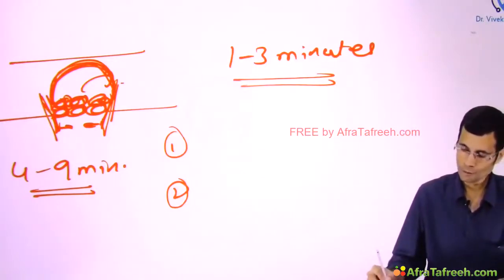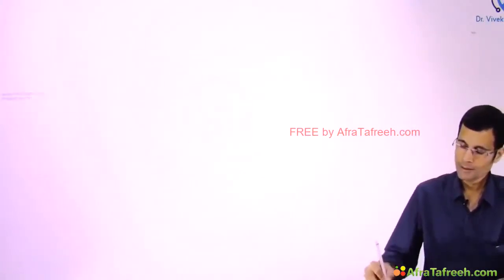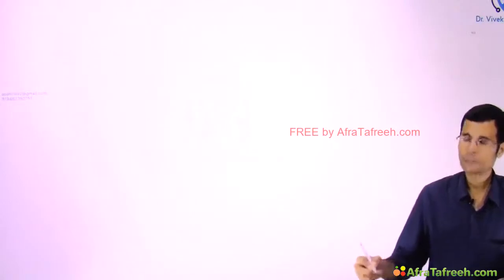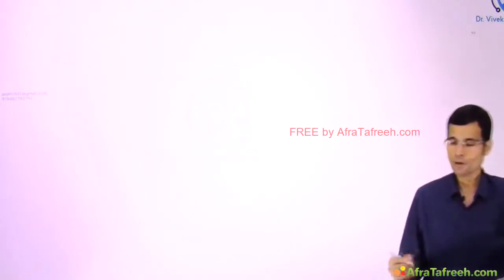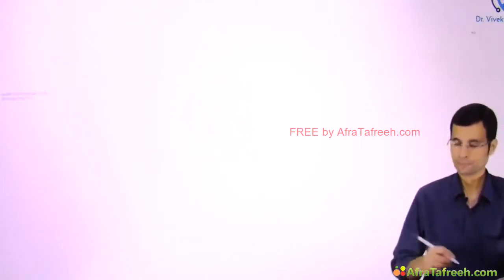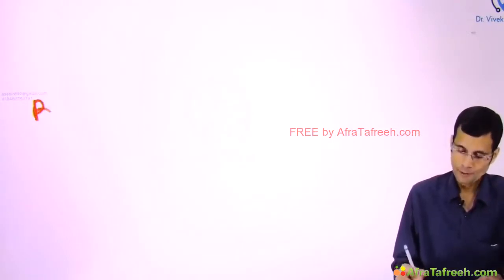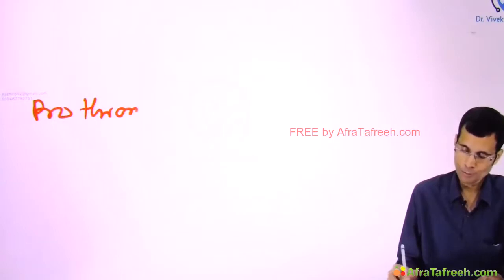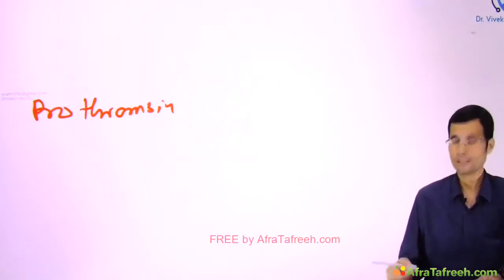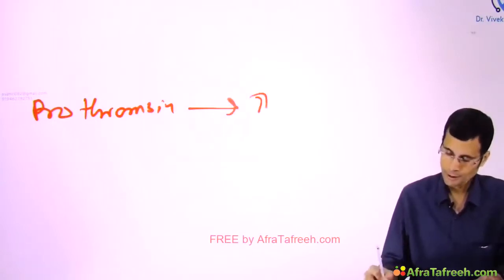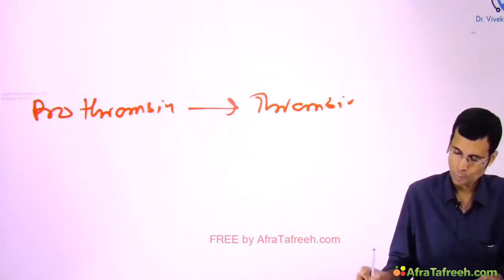Now coming to the clot formation, basically clot formation occurs in 3 essential steps. First is conversion of prothrombin. Prothrombin is a plasma protein, it's already there in the plasma, to thrombin.